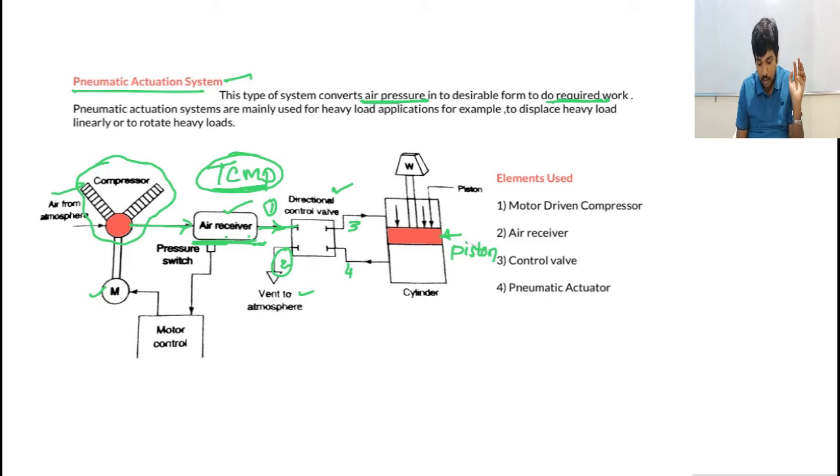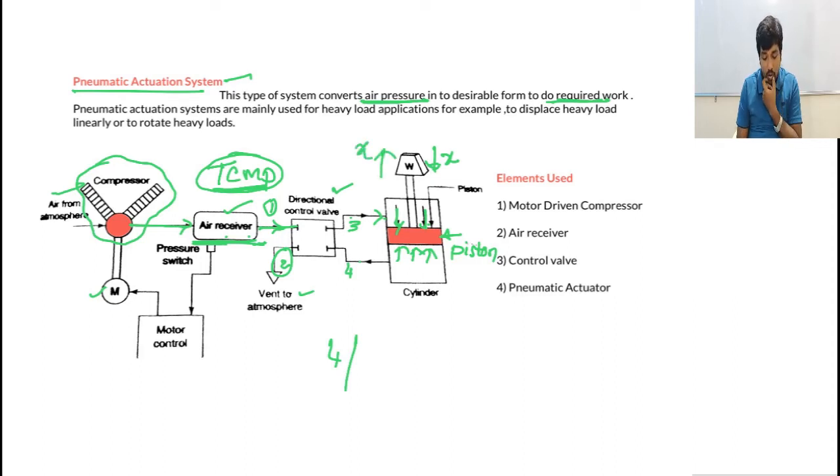Here we have 4 lines, and usually it will perform 2 actions. If the air is supplied to the port above the piston, the air will push the piston in the downward direction. Then obviously the weight or the load will be displaced in the downward direction by an amount of x, right? Suppose you allow the airflow from the downward direction, then it will apply pressure in the upward direction, and the piston and the load both will be displaced in the upward direction.